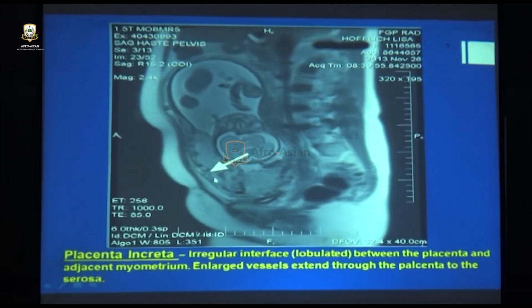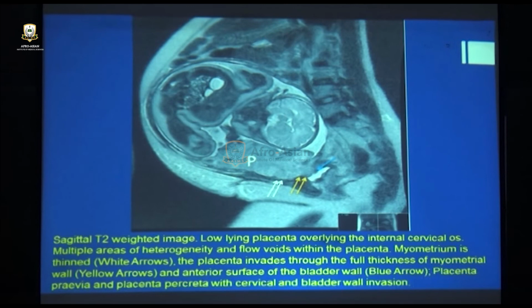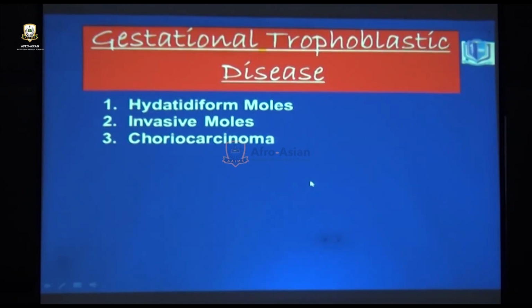Yet another example, there is invasion in the anterior myometrial wall, which is thinned out, and there are vessels. Similarly, there is thinning of the myometrial wall and invasion. So MRI has very high sensitivity to diagnose placental invasion, especially for increta or percreta.